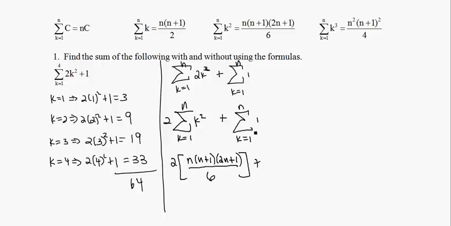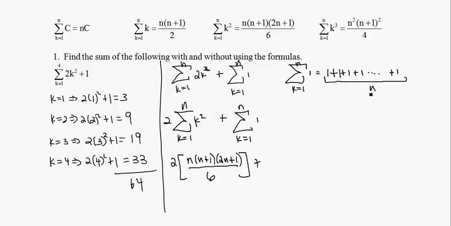Well, if I have n terms and all of them are equal to 1, so if I'm going from 1 to n on 1, if k is 1, my value is 1. If k is 2, my value is 1. If k is 3, my value is 1. If k is 4, my value is 1. Well, how many 1s am I going to have here?